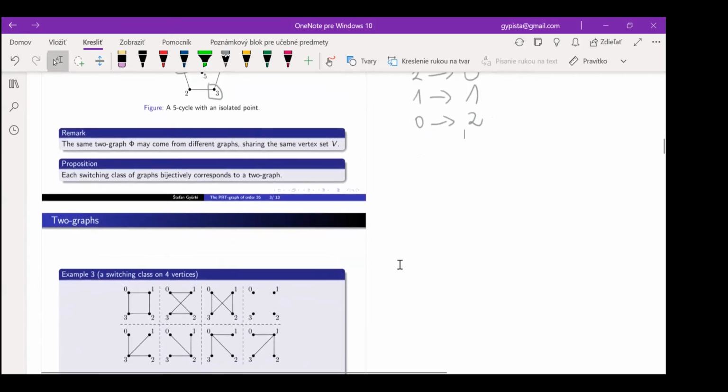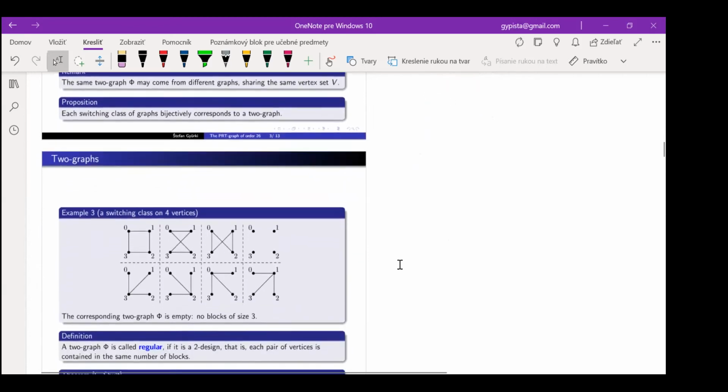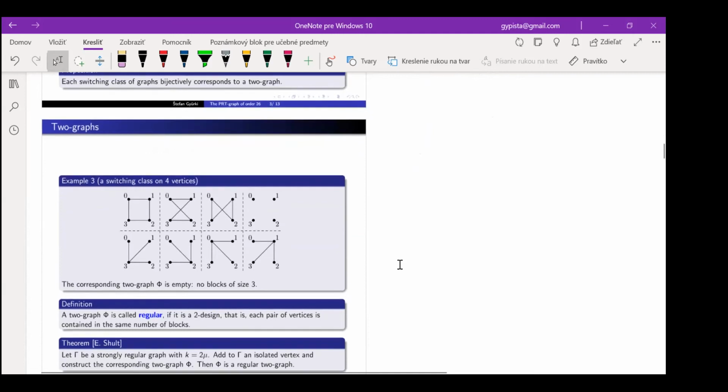So to each switching class naturally belongs a two-graph. For example, if we take the empty graph on 4 vertices, then if you try all the pairs of cells which you can have on 4 vertices, you will obtain these 8 graphs.